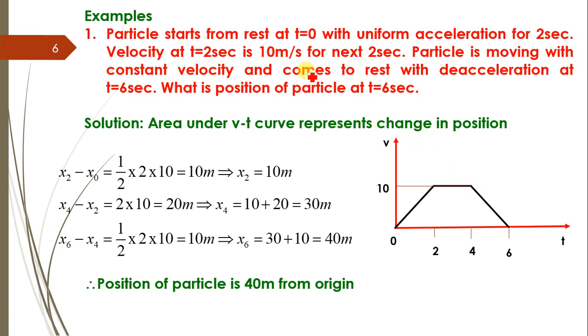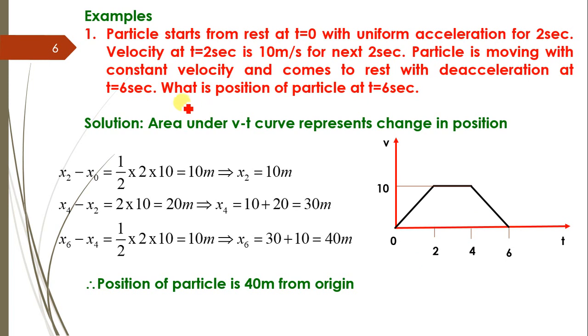Further, it is given that it comes to rest with deceleration at t equals 6 seconds, meaning the velocity becomes 0, and it gets decelerated, so the velocity drops from 10 to 0 with a linear variation. Like this, the variation of velocity with respect to time t is plotted in this v-t curve.